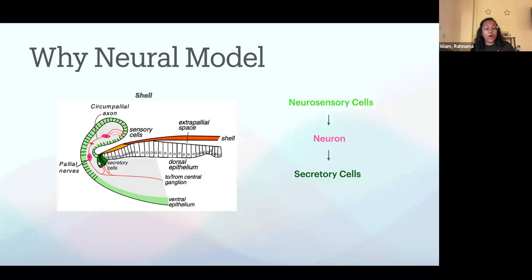Then the secretory cells deposit the next layer of pigmentation. That is the basic structure of how the nervous system works to deposit pigmentation. Learning about these neural models can lead to broader questions in neuroscience, evolution or developmental biology.